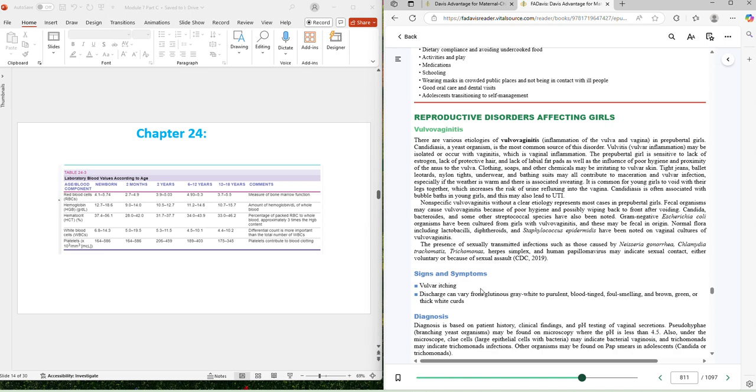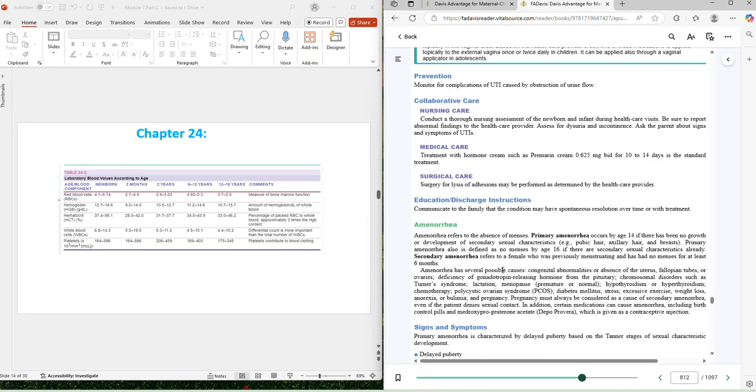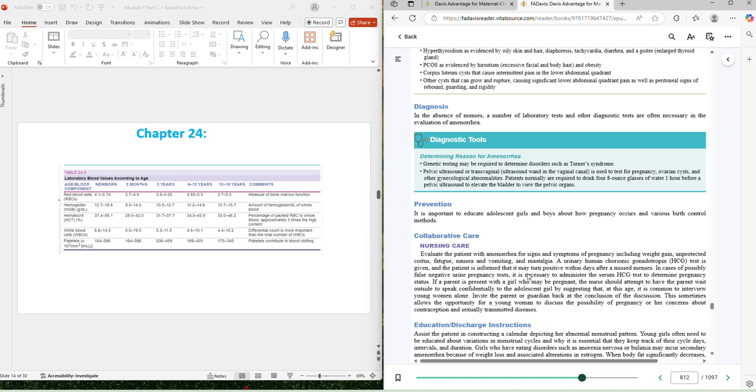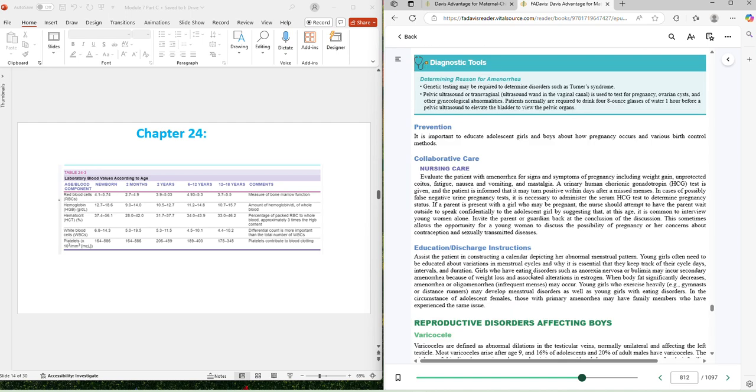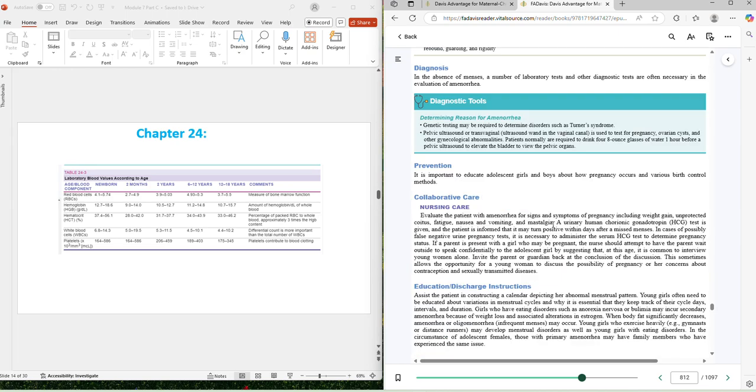Vulvovaginitis, usually in our preteen girls. Amenorrhea, make sure you understand what that is, and secondary amenorrhea. Cryptorchidism, this is the absent or undescended testicles.